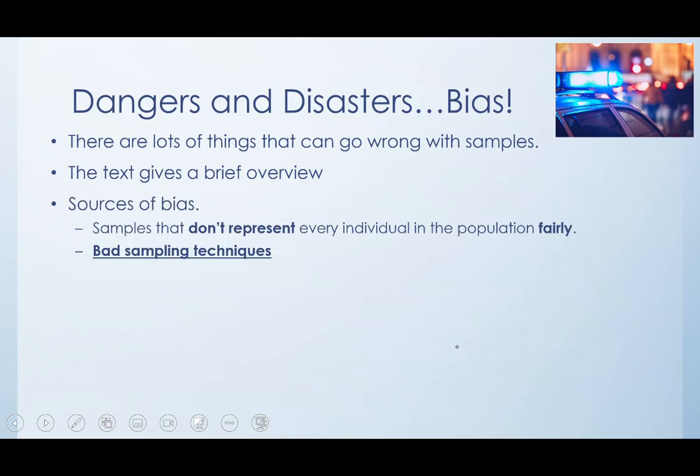read them. So basically, sources of bias are found in samples that don't represent every individual in the population fairly. Please remember, samples will not measure every individual in the population. That is not a source of bias, okay?